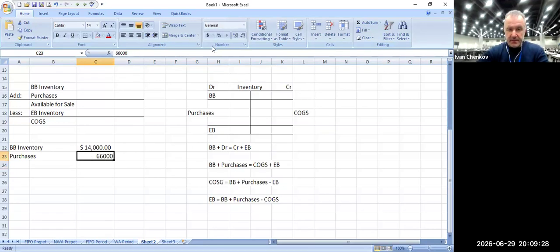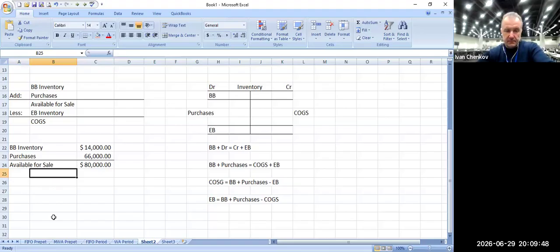So once I get these purchases, I can easily calculate available. My available for sale at this point is $80,000. That's how much I have available.